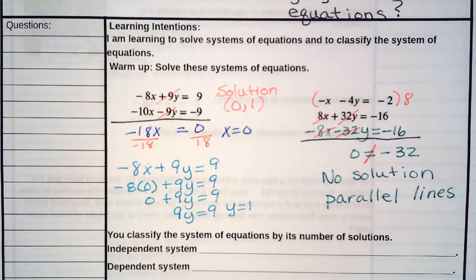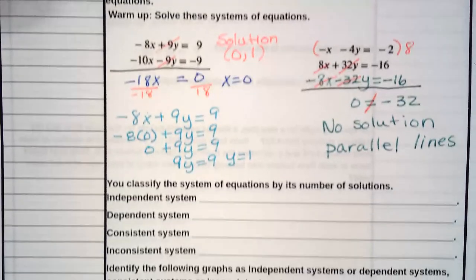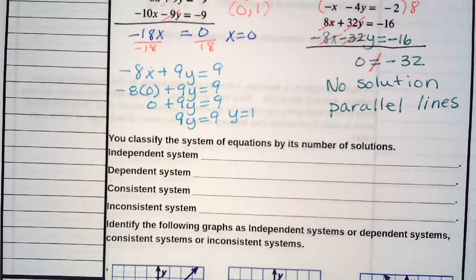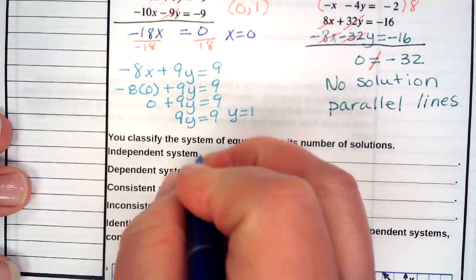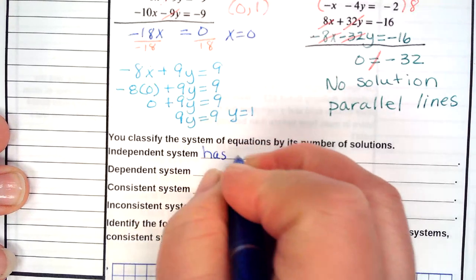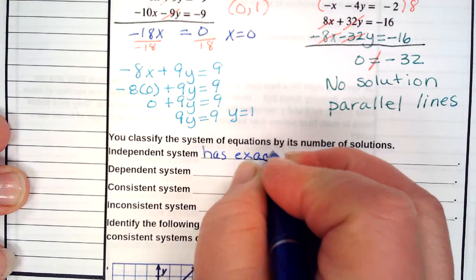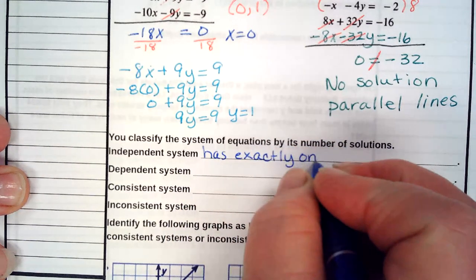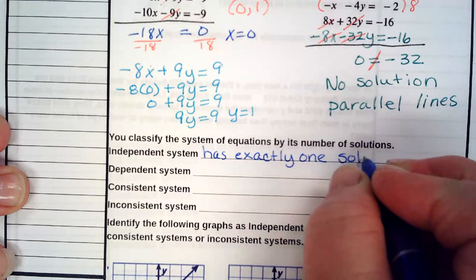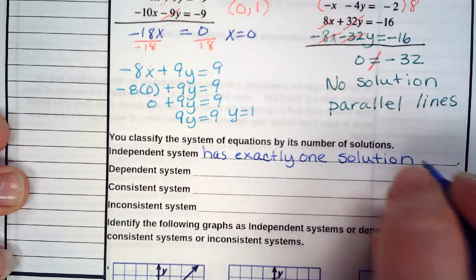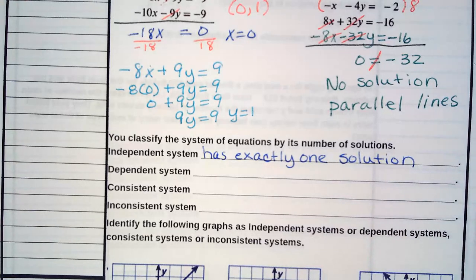Okay, there are different ways to classify systems of equations. The first way is by its number of solutions. An independent system has exactly one solution. In other words, there is one point of intersection. So if it's independent, you will have one solution.